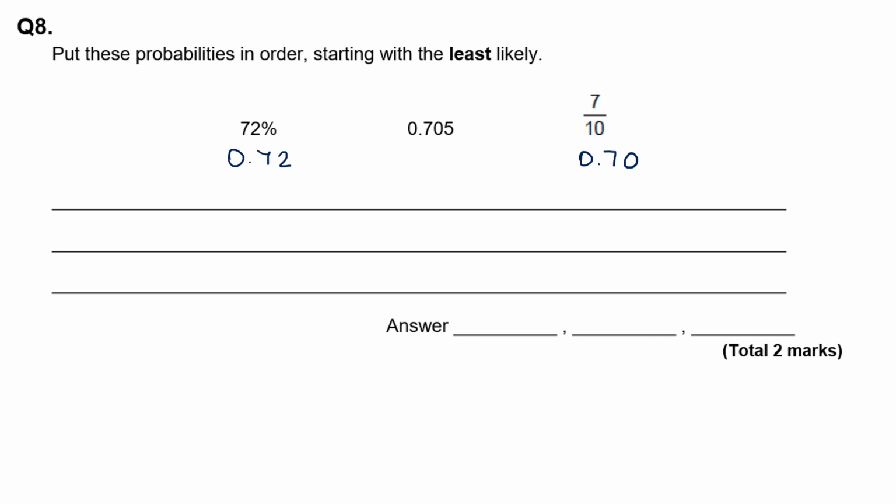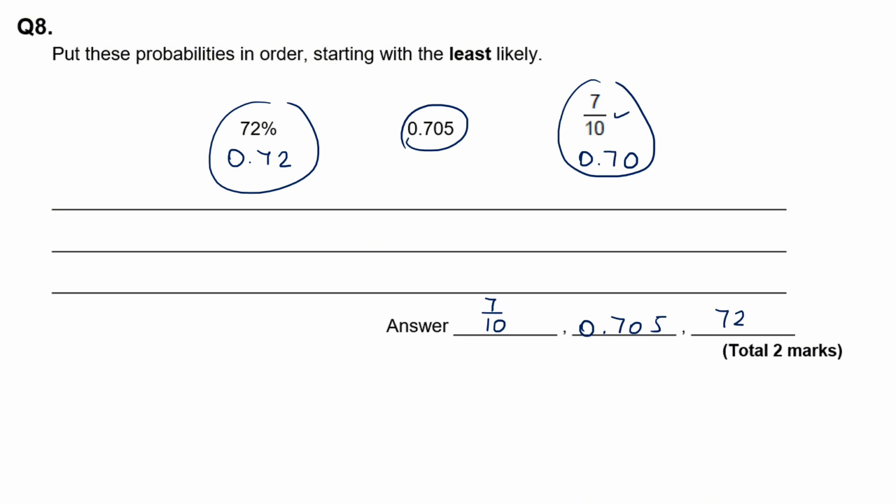I know that the smallest one is going to be this, but I'm going to write down the original one, which is 7 out of 10. We're not going to write down the one that we converted. Next one is going to be 0.705 because that's the original one. And the final one obviously is going to be 72%. And that's going to be my answer.